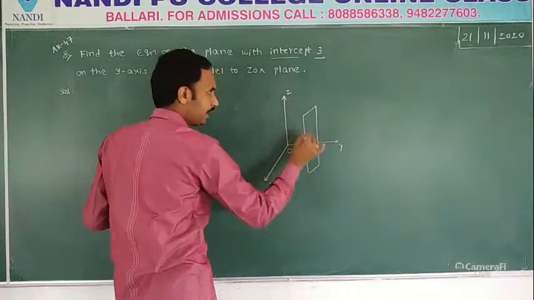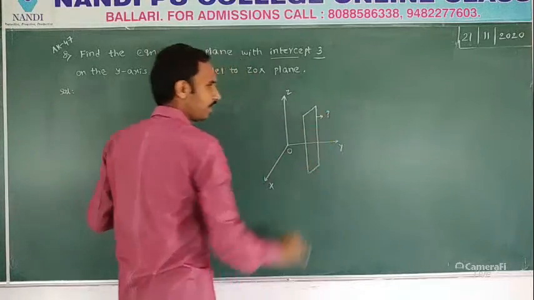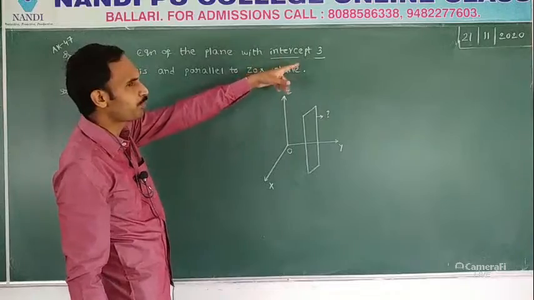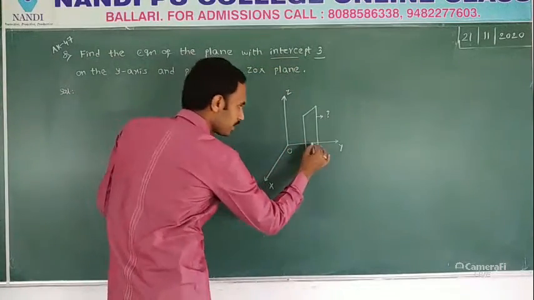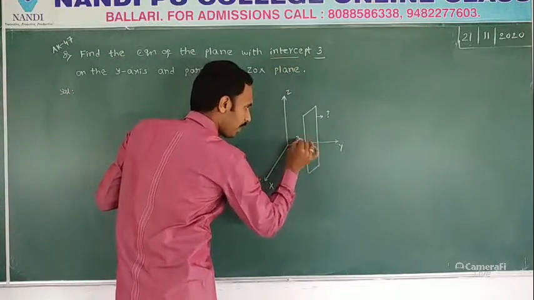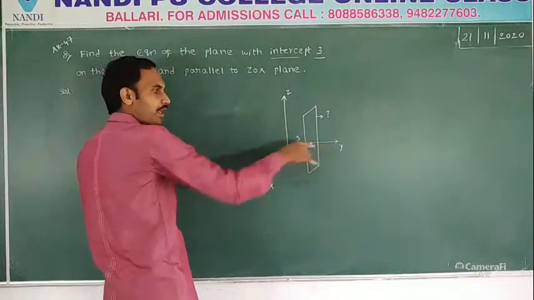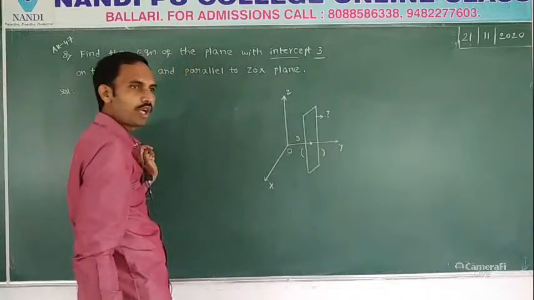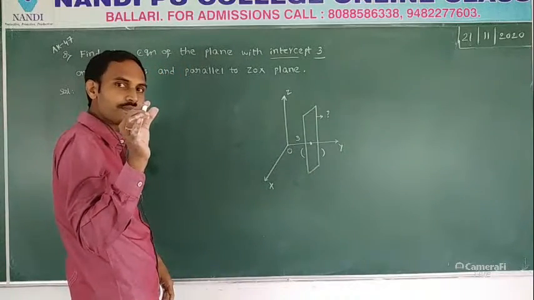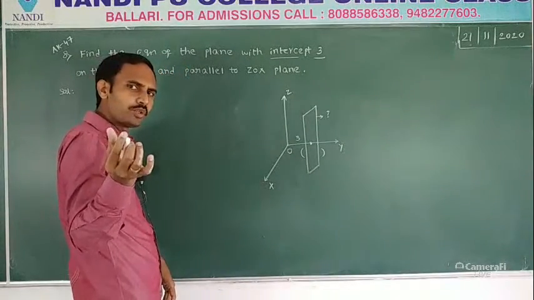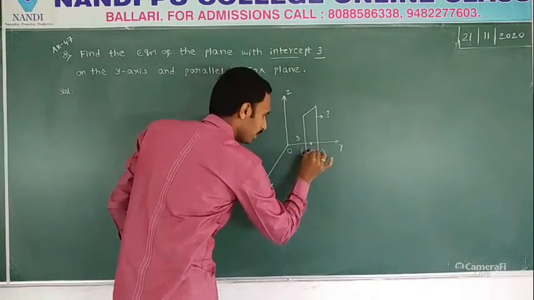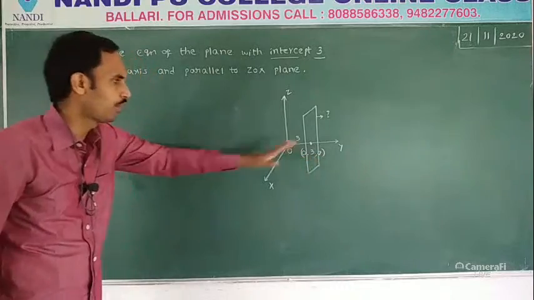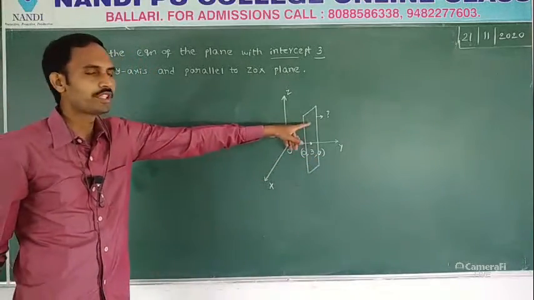This plane cuts the y-axis at a distance of 3 units. Automatically, what are this point's coordinates? On y-axis, x value 0, z value 0, only y is there, 3. So the point is 0, 3, 0. I want the equation of this plane.